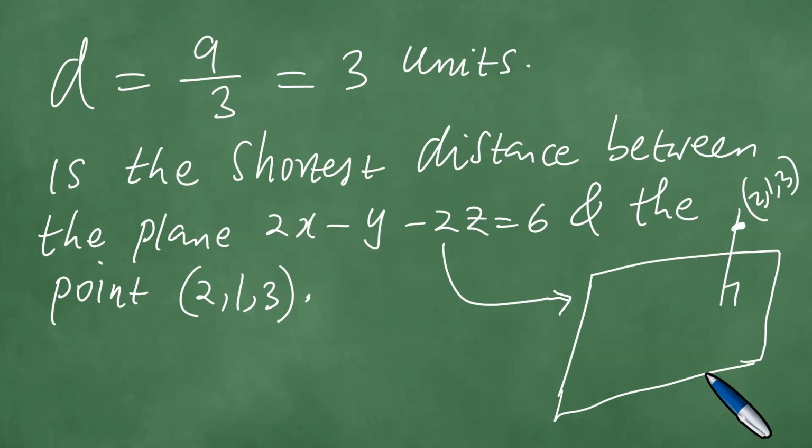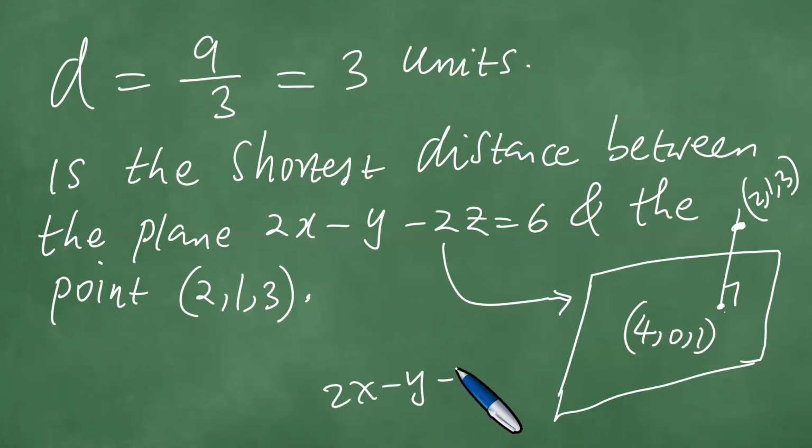We were interested in finding the shortest distance between this point and a point on the plane. And we have found the point 4, 0, 1. The point 4, 0, 1 is the point on the plane with the equation 2x minus y minus 2z equals 6.